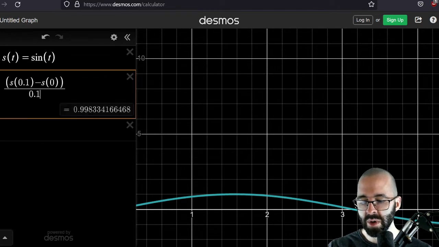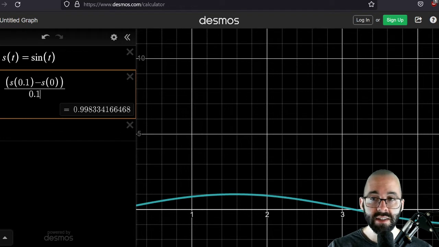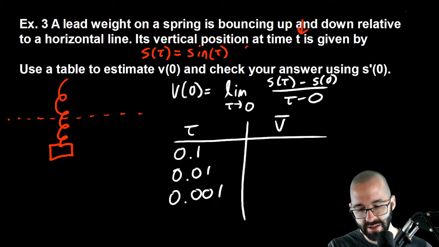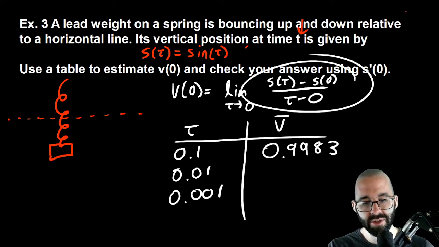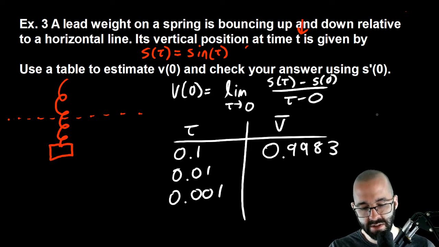When t is 0.1, this average velocity, the average velocity between 0 seconds and 0.1 seconds is about 0.9983. That's the average velocity in that interval, right?